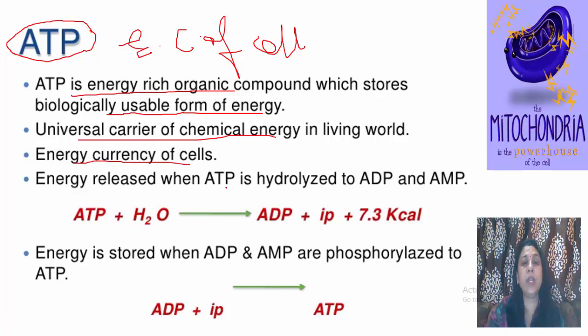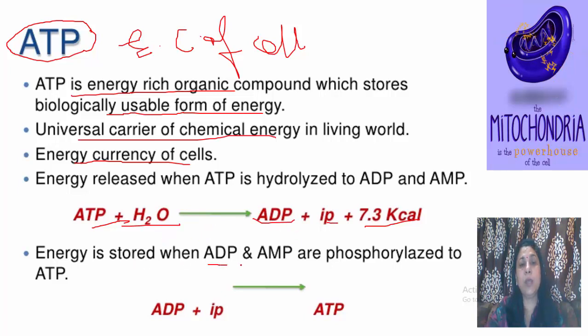Energy is released when ATP is hydrolyzed to ADP and AMP. ATP is adenosine triphosphate, this is adenosine diphosphate, and this is adenosine monophosphate. When ATP combines with water, it releases 7.3 kilocalories of energy, and it forms ADP and inorganic phosphate.